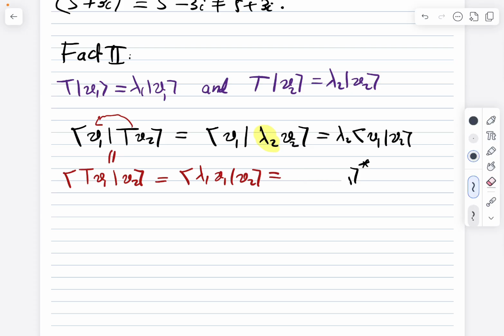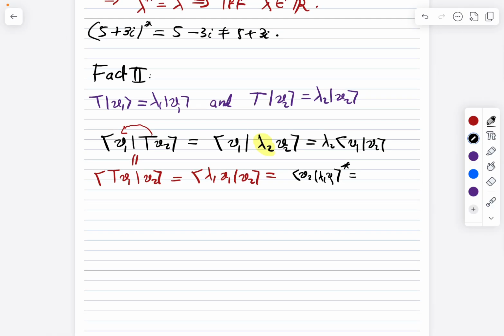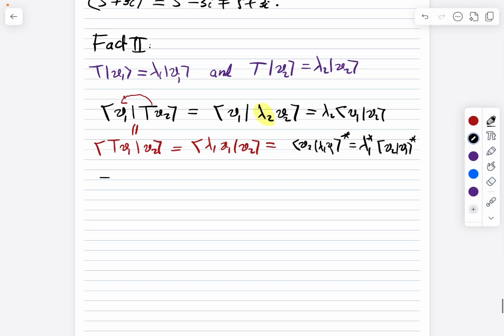So I have V2 with lambda 1 V1, something like this. So eventually I will get V2 and lambda 1 star. So I can now flip again, and I'll get the inner product of V1 and V2.